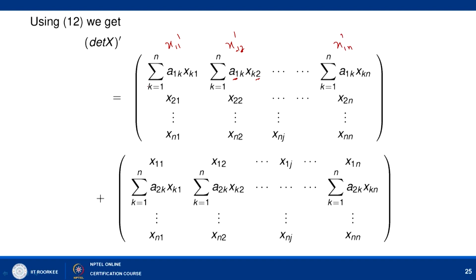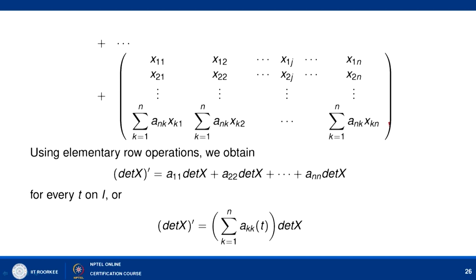So, we have written the expressions of x11 dash, x12 dash, x1n dash, and similarly we can write down in the second term the expressions for x21 dash, x22 dash and so on, and we write the corresponding expressions using the differential equation. So, using 12 we can change the first row like this, the second row, and similarly the nth row like this.